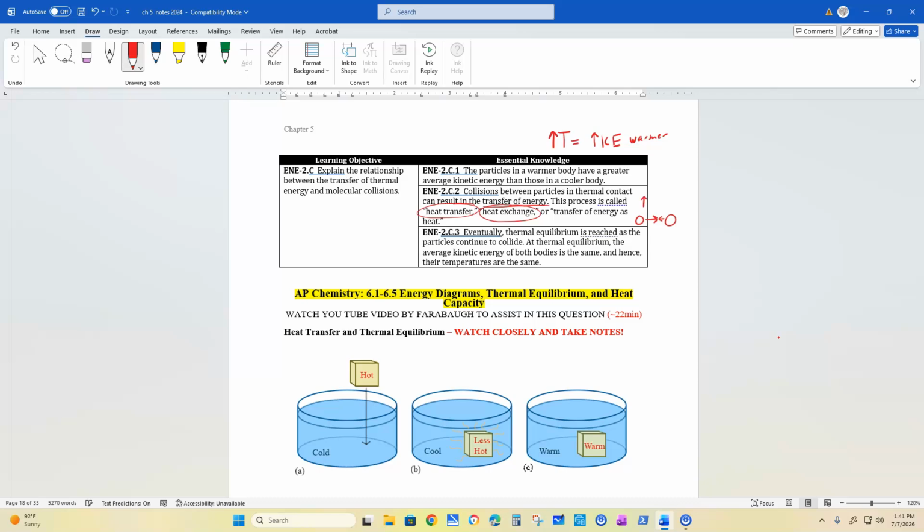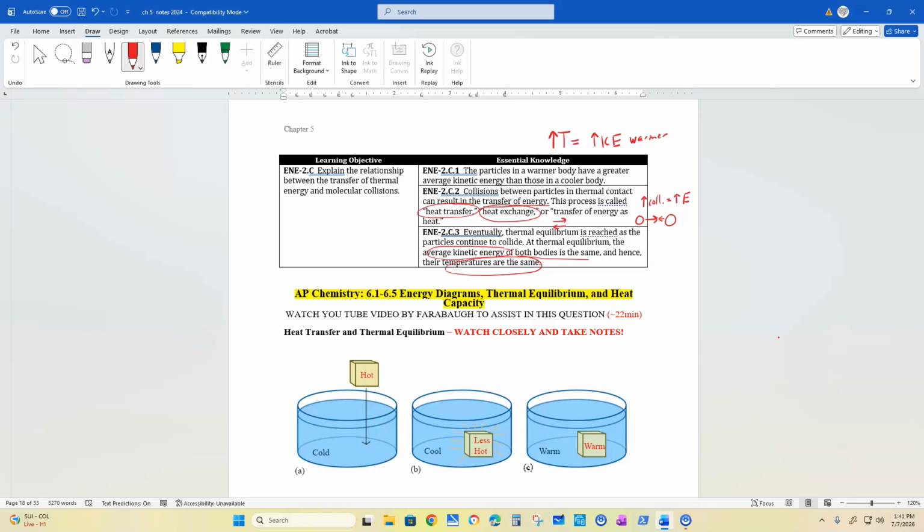So increasing collisions also increases energy. Eventually, thermal equilibrium is reached as the particles continue to collide. Remember, collisions don't ever stop. The reaction may have stopped, but the collisions still keep going. At thermal equilibrium, the average kinetic energy of both bodies is the same. Hence, their temperatures are the same.